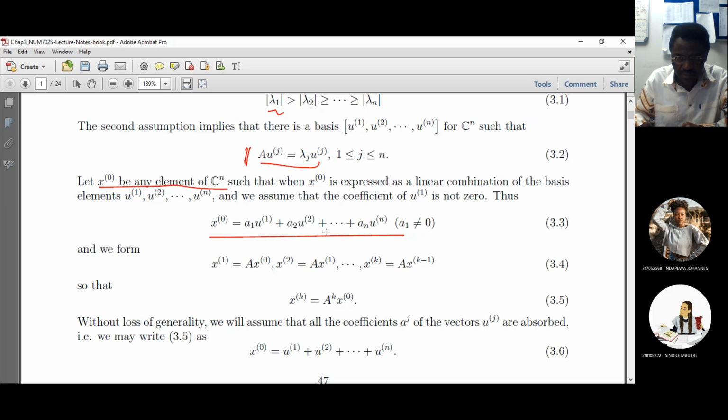And therefore, if these are eigenvectors, you end up with something of this form, right?